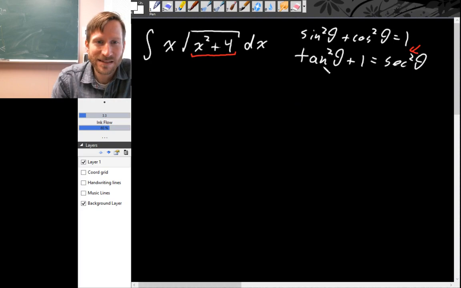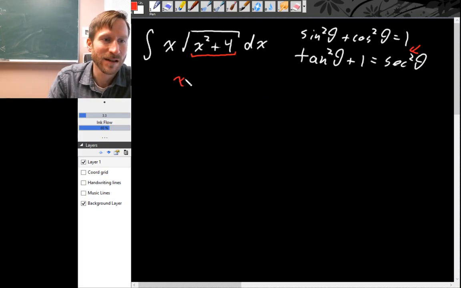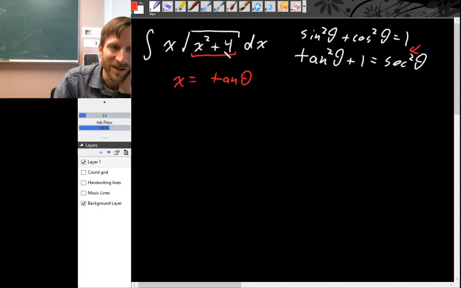So what this is inspiring us to choose for x is tangent. But actually, this 4 here, it would be nice if it were a 1, because we have x squared plus 4. If x is just tangent, this will be tangent squared plus 4.